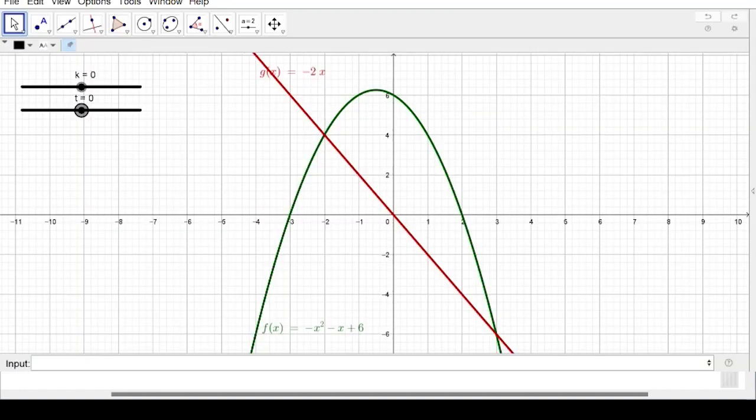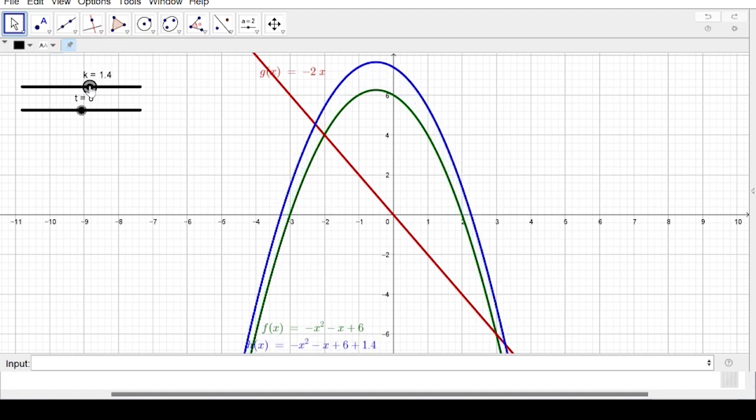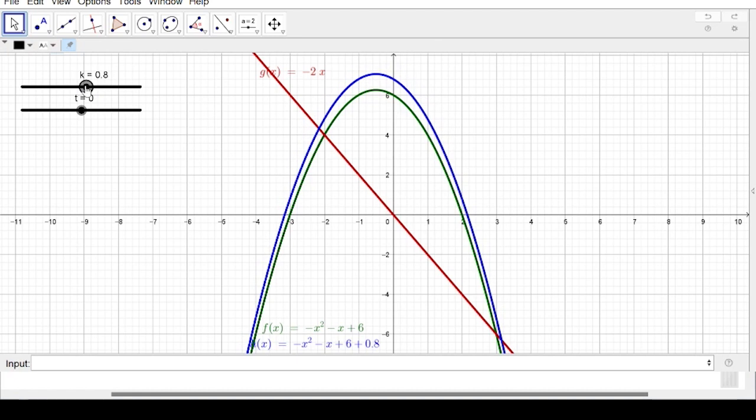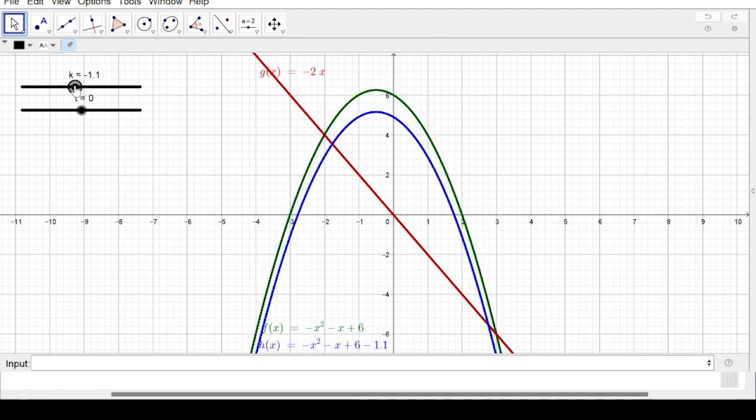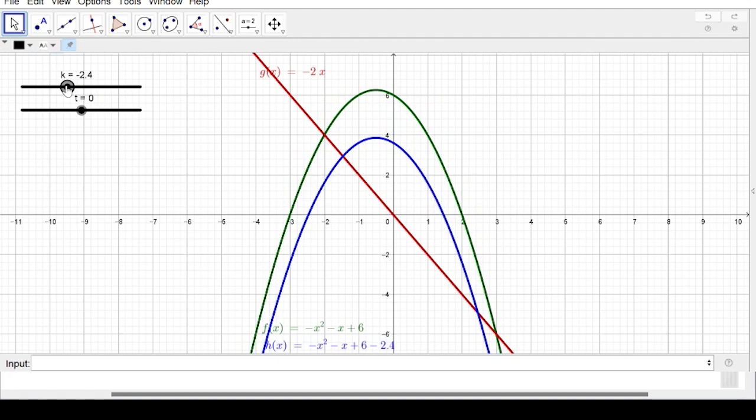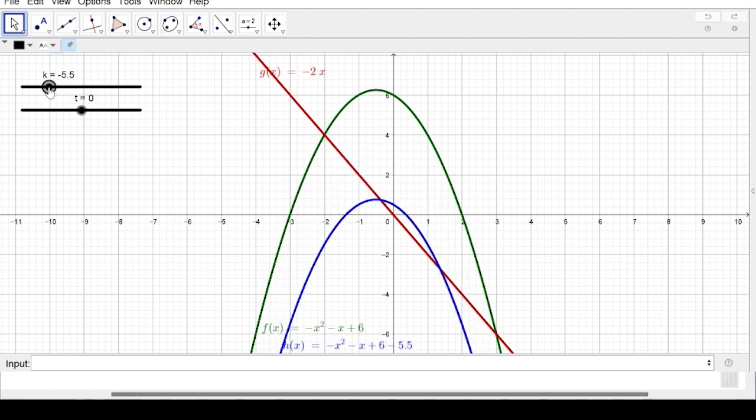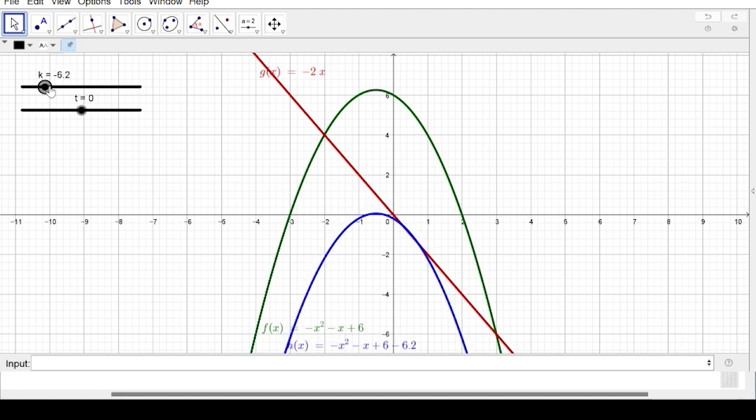Now we're going to just have a look at a little diagram of that. There's the picture as it was in the question. And now I can adjust my k value. Notice if I make k positive, the graph lifts up. I'm adding k to f of x. Notice if I start dropping down, and we can see the k value there, it's getting lower and lower. When I get to negative 6 1/4, all right, there it is, negative 6 1/4, those graphs are just touching.